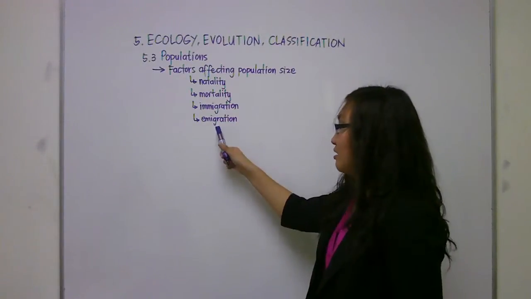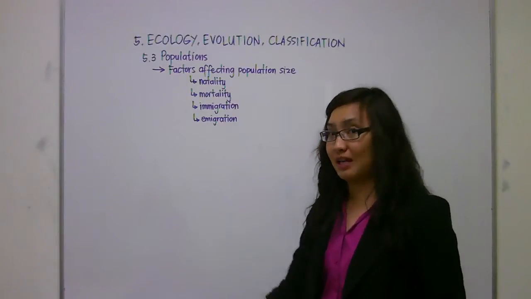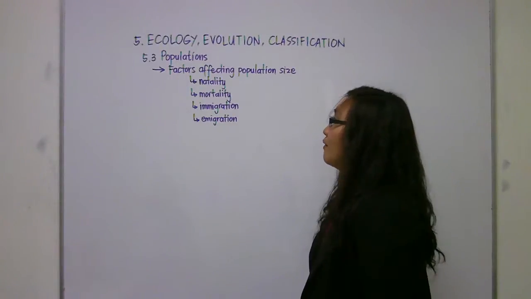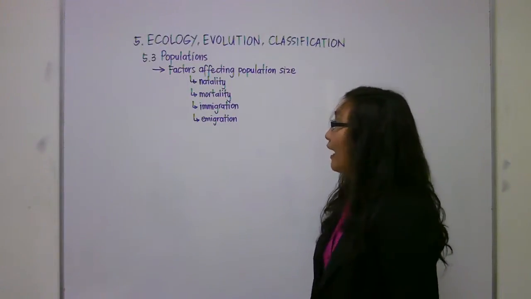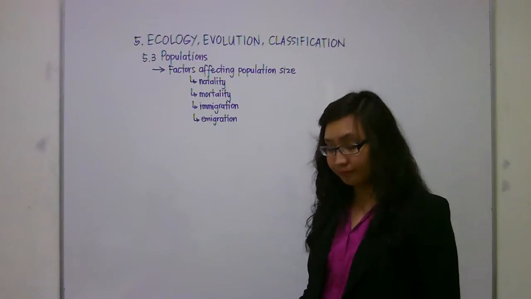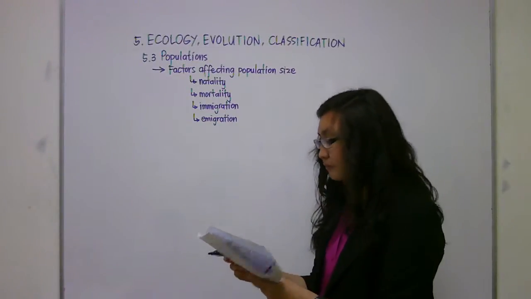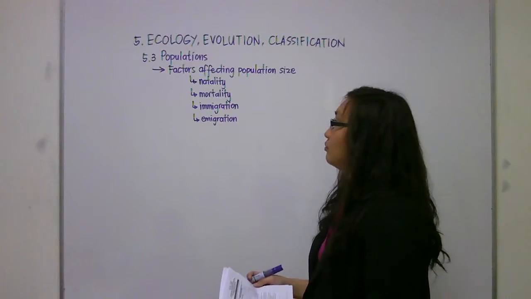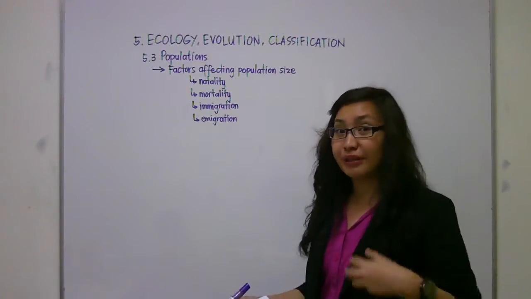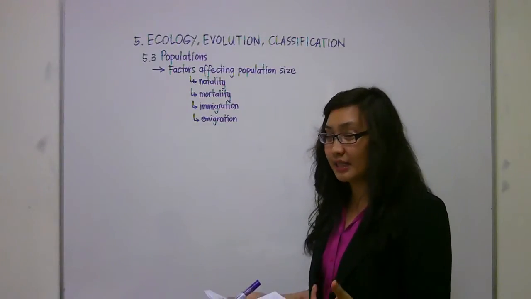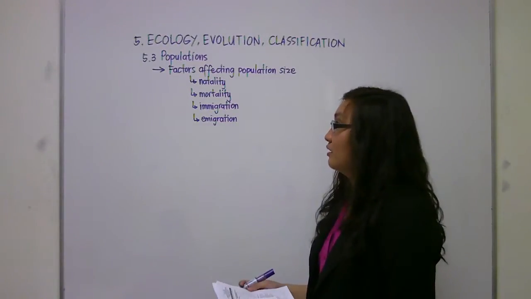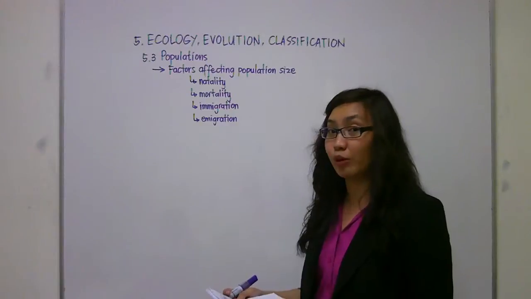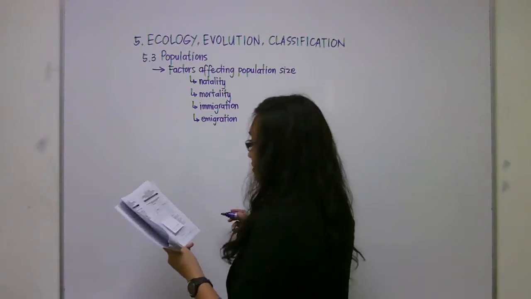So this factor is decreasing population size. If we can think of more factors affecting population size, we'll be able to help the students elaborate further on their essays, because this question is more often given in essays.